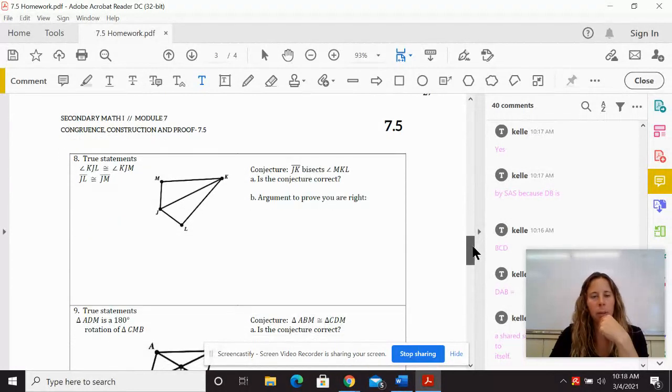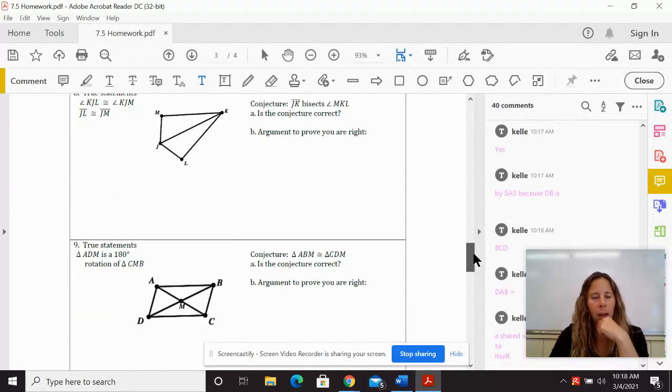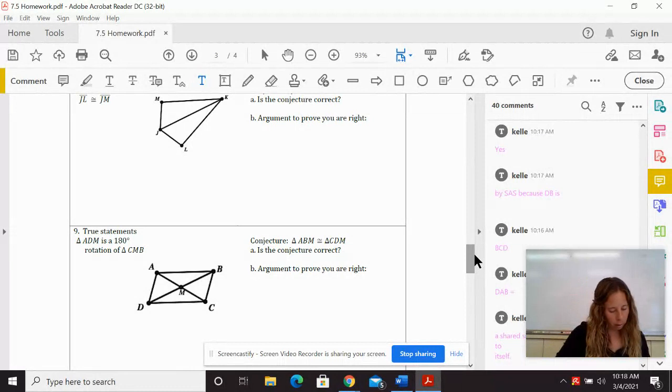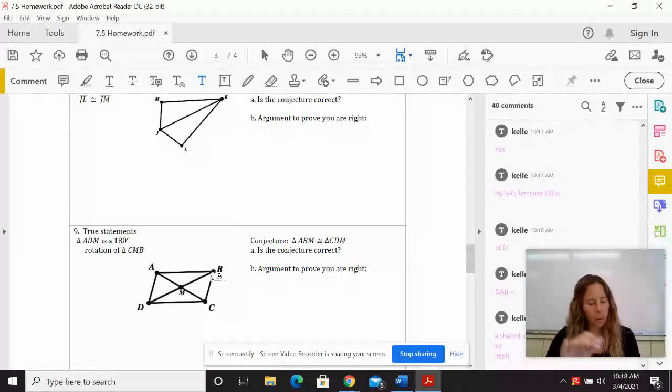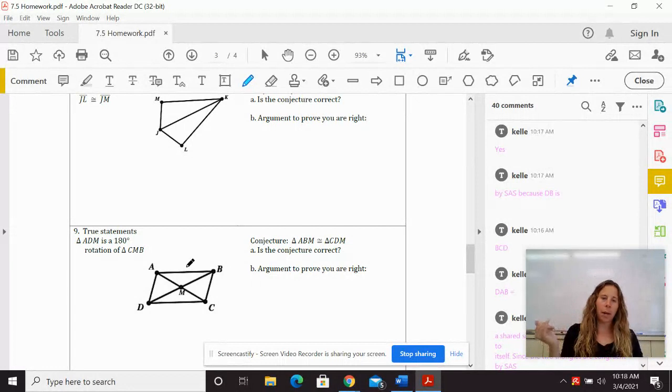So you're going to do similar for 8 and 9. 9 had something tricky, I thought. Oh, well, maybe I should have done number 9. So triangle ADM is a 180-degree rotation of CMB. If you're rotating a triangle 180 degrees, that means it's going to stay the same, right?